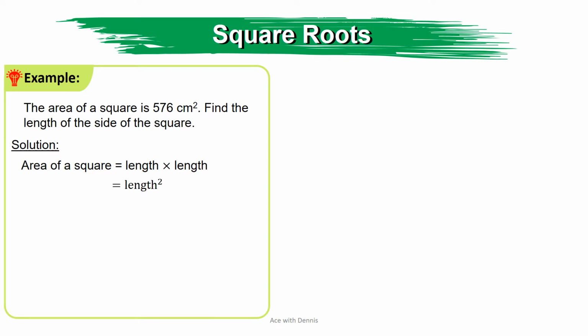Therefore, it equals length square. So, length equals square root of area, and for this case is square root of 576, which gives us square root of 2 to the power 8 times 3 square. When we square root, we can divide the power by 2, which we get 2 to the power 4 times 3. And the answer is 48 centimeters.